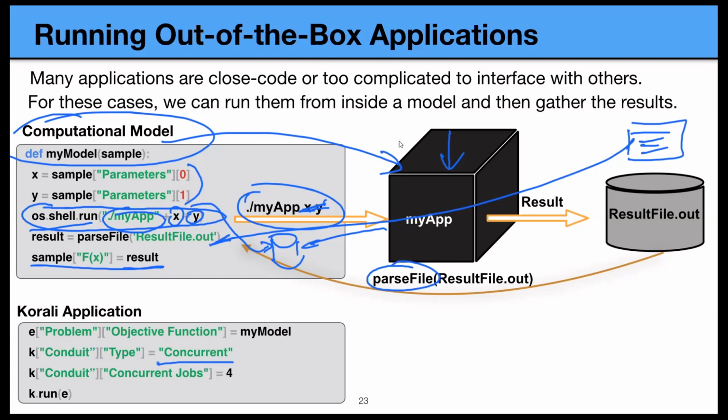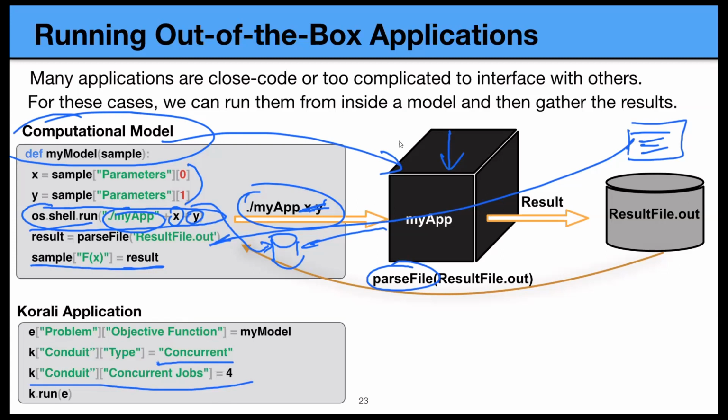If you use the distributed conduit, it will use MPI, and MPI is not a fan of these kinds of things, unfortunately. So the only way to do this is to use the concurrent conduit, which uses the fork-join operation that is very compatible with these tricks. And you can have it working in parallel. So you can have 12, 24 workers at the same time executing this closed-box application and gathering the results, right?